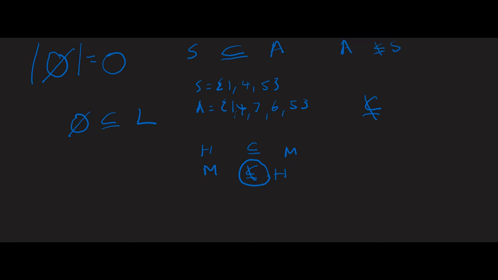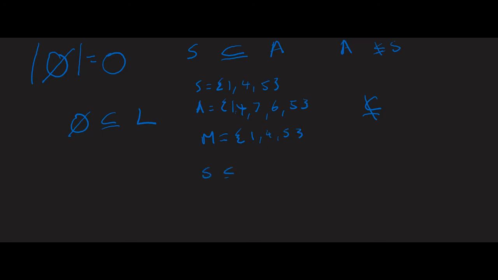Now, another thing is that the subset also applies to any set that's equal. So if we have another set, so I'll just erase this stuff over here. So we have another set, say M, which is equal to 1, 4, 5, right?